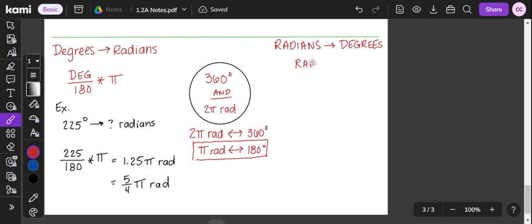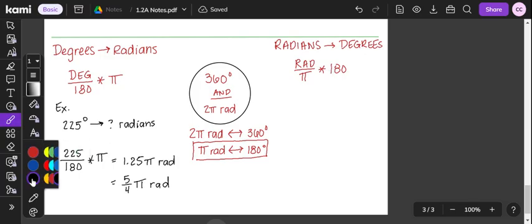So you're going to take your radians, all right? And it's the opposite of this one. In this one we divided out the degrees and we put in the radian. This one you want to divide the pi out because I'm trying to get rid of the radians and turn them into degrees. So I'm going to multiply by 180. So just like that, it's the exact opposite of the other formula.